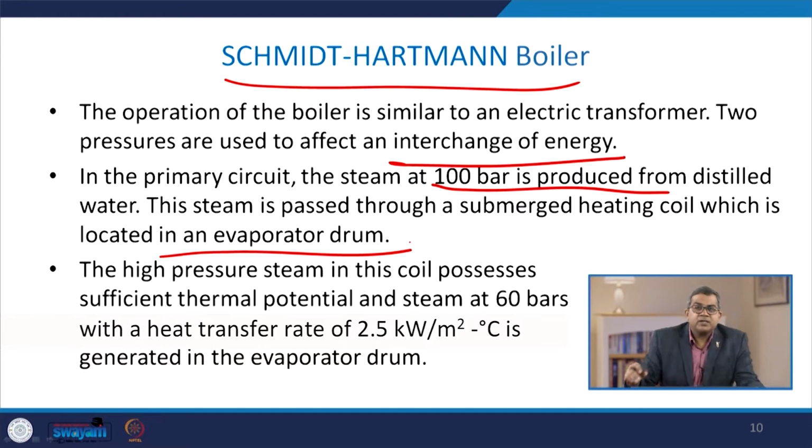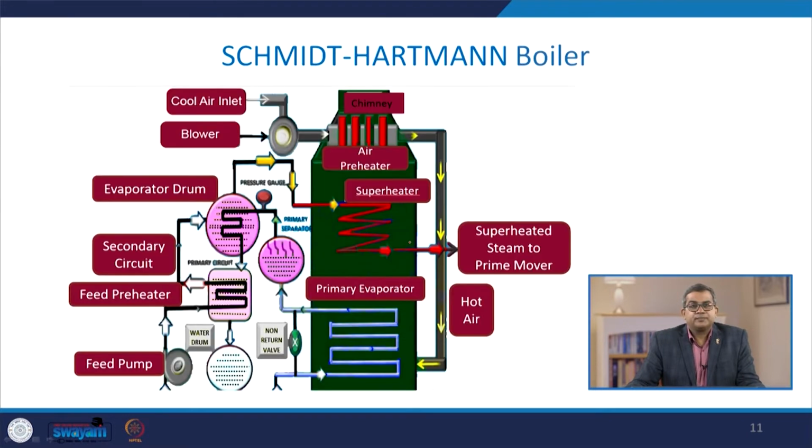The high pressure steam in this coil possesses sufficient thermal potential, and steam at 60 bar with a heat transfer rate of 2.5 kilowatt per meter square degree Celsius is usually generated in the evaporator drum.